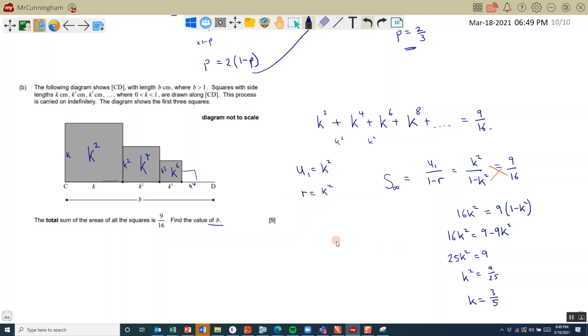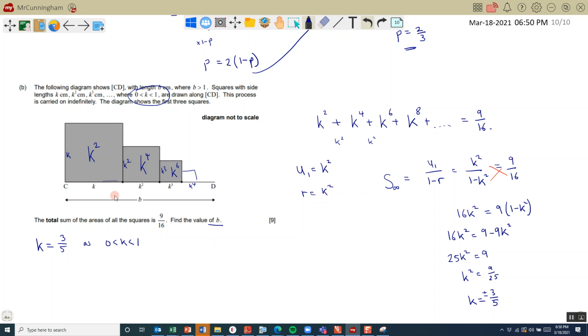And k has to be between 0 and 1. So technically this is positive and negative, but k has to be the positive value, as k is between 0 and 1.